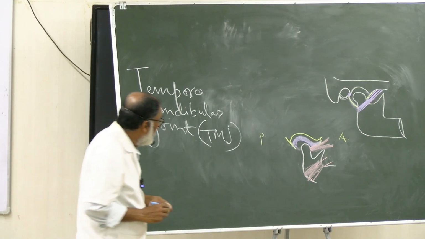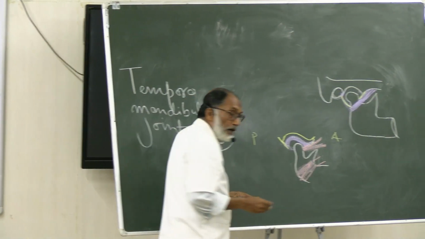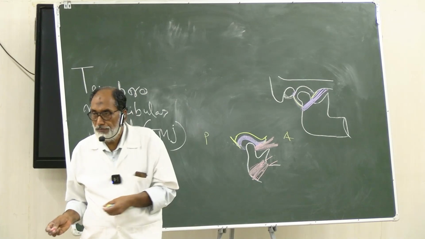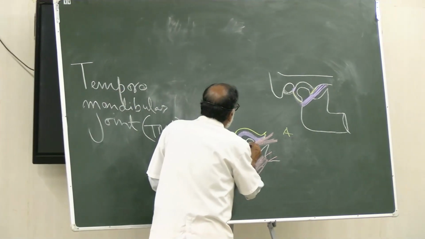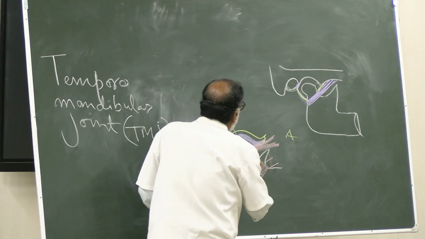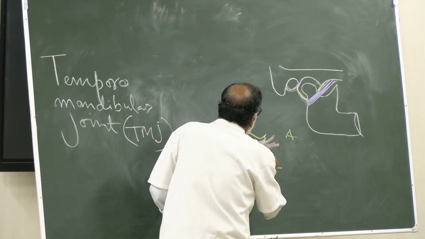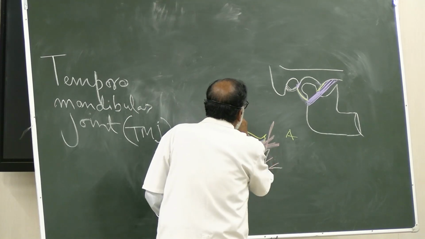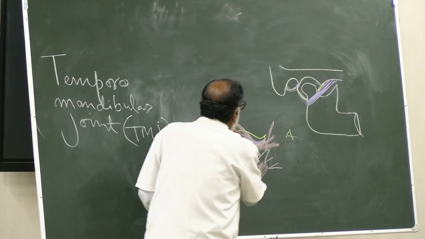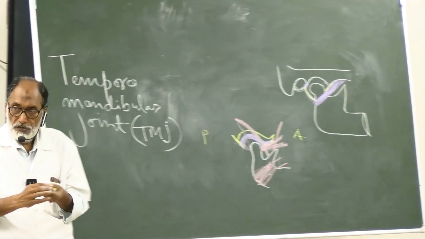Right? Now another muscle that is called temporalis. Temporalis is a big, fan-shaped muscle. It is actually inserted into the coronoid process.